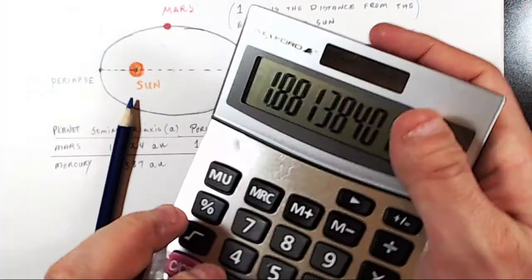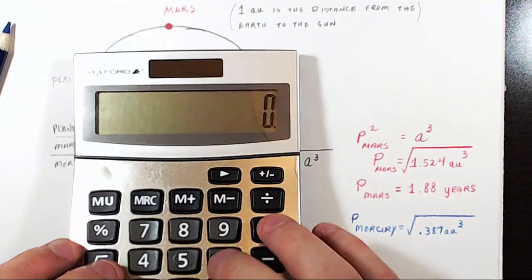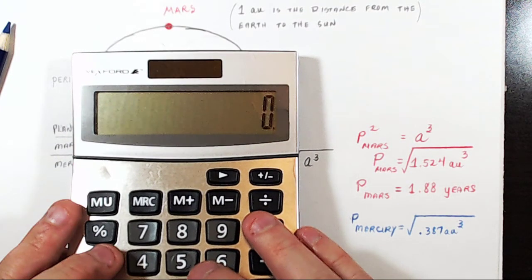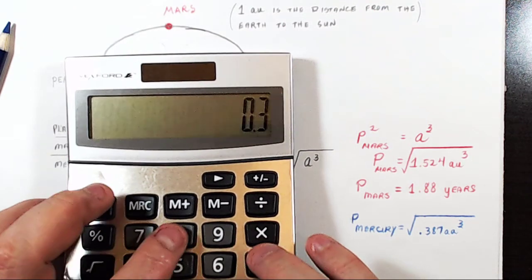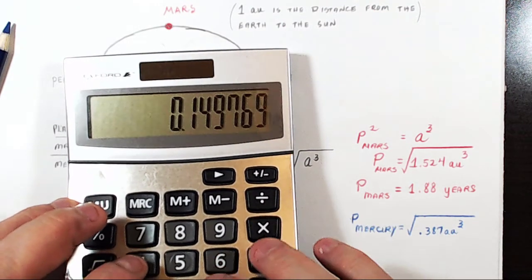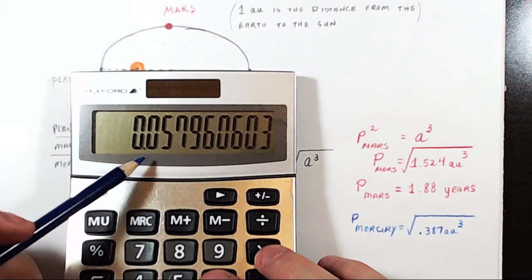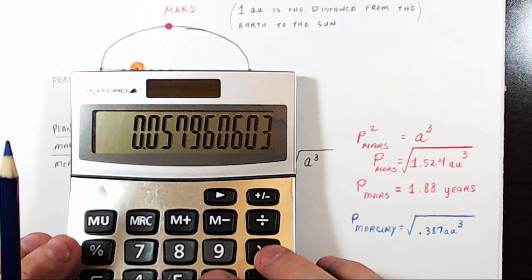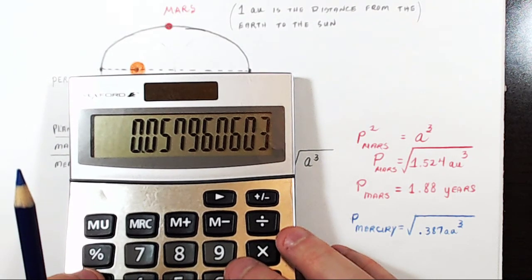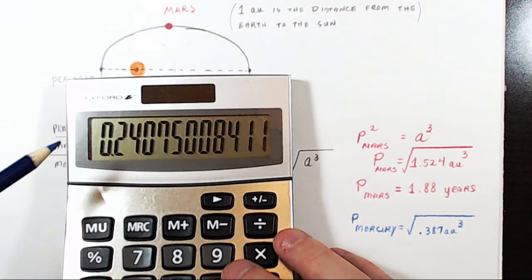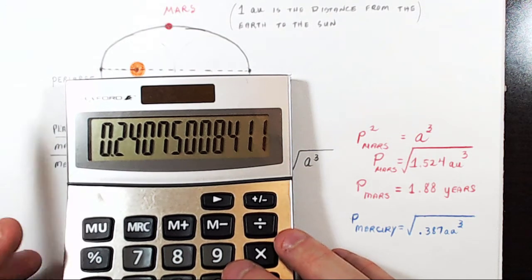So we'll just go back to our calculator, and first we'll cube the semi-major axis for Mercury, 0.387 times 0.387 times 0.387, and that gives us 0.05796. Let's take the square root of that, and we find that the square root of that is 0.2407.